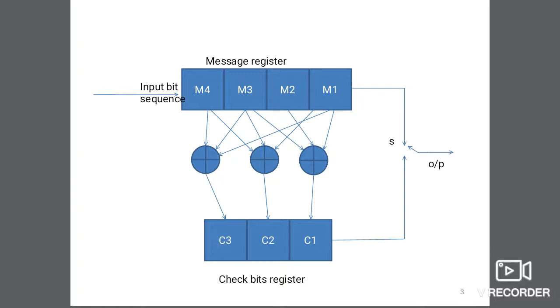Two theorems are very important for the error detection and correction capability of linear block codes. First, the minimum distance of a linear block code is equal to the minimum weight of any non-zero word in the code. And second, a linear block code having a minimum distance of d minimum can detect up to d minimum minus 1 errors and correct up to (d minimum minus 1) upon 2 errors in each code word.